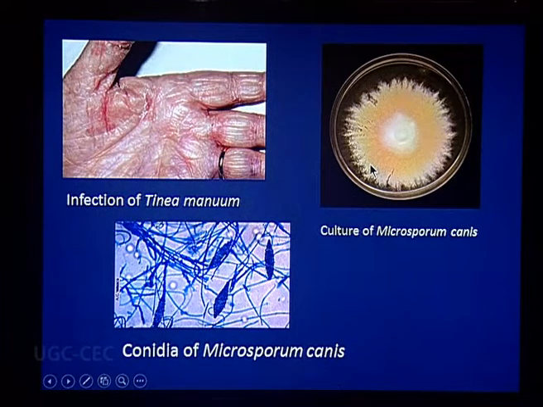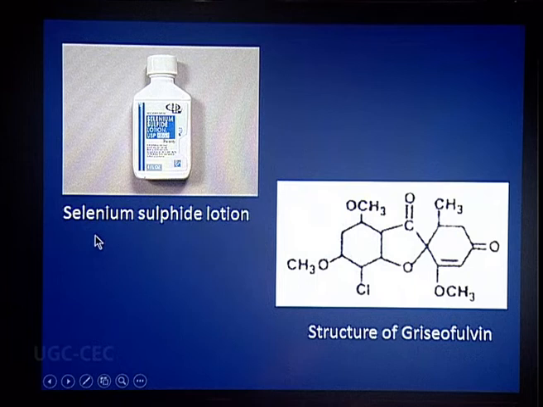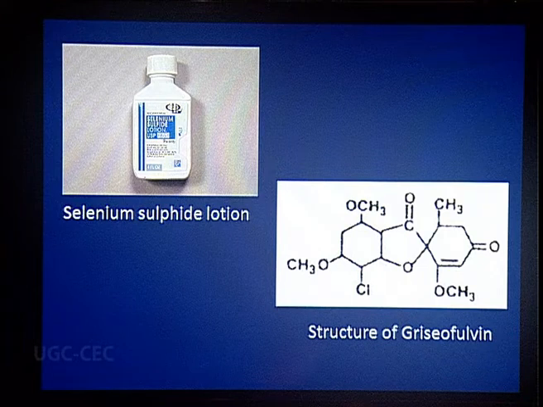It can be grown in a petri plate, and it is normally treated with typical selenium sulfide lotion. Selenium sulfide can prevent this particular disease, and it can also be treated by oral medicines like griseofulvin, because blood vessels are relatively more in the case of the hands.